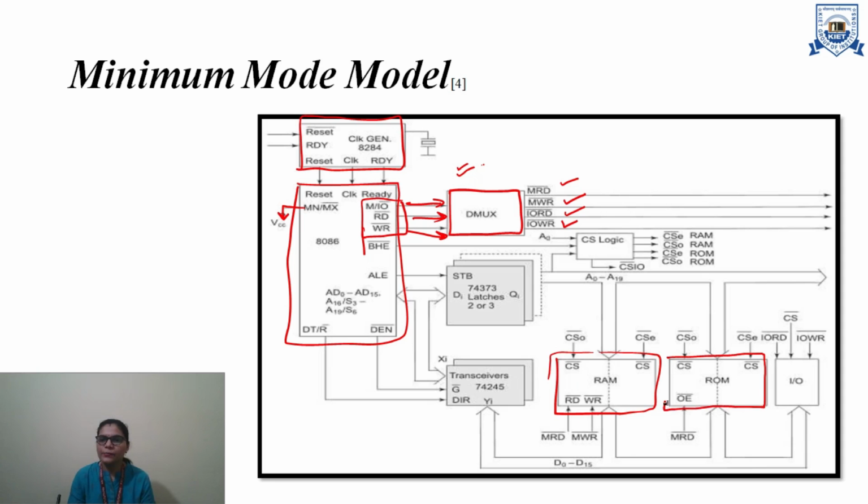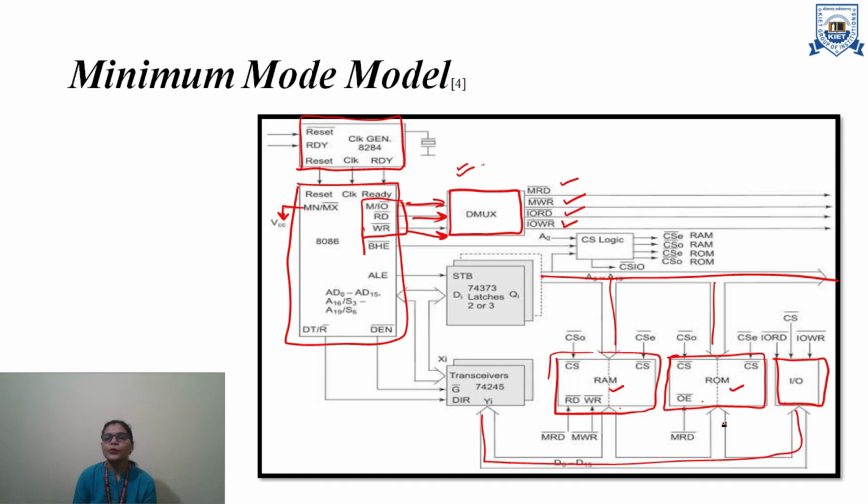So we will have two types of memory, RAM and ROM, connected to the 8086 microprocessor, as well as an input output chip. Here the address and data buses will be connected to the input output and memory.